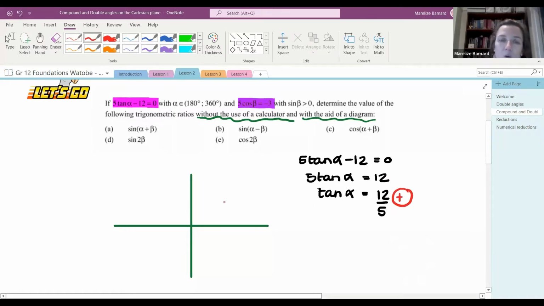Now I think of my quadrants and ask, in which quadrants will tan be positive? That takes us back to All Stations to Cape Town, or CAST. So tan is positive in the first quadrant and in the third quadrant.